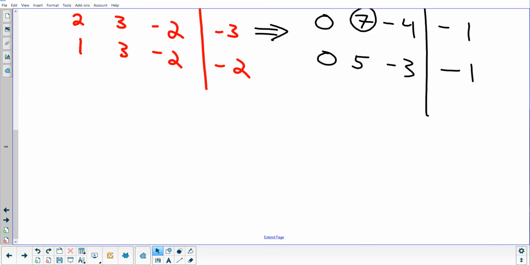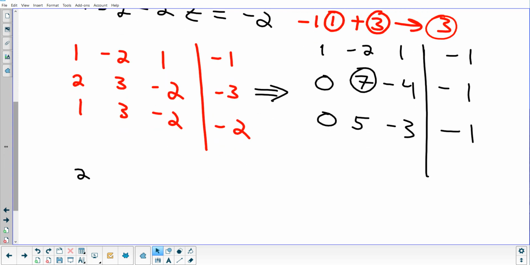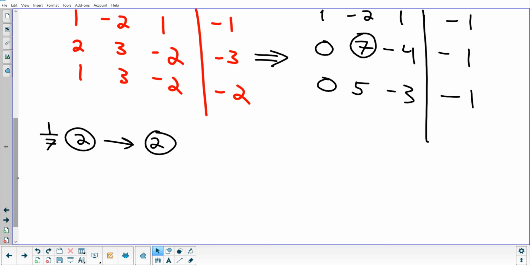So we're going to have to multiply row 2 times 1/7, and we're going to put that answer in row 2. So rows 1 and 3 are going to stay the same this time. So I'm going to copy those first. 1, -2, 1, -1, 0, 5, -3, -1.